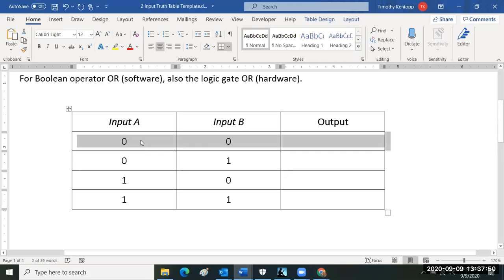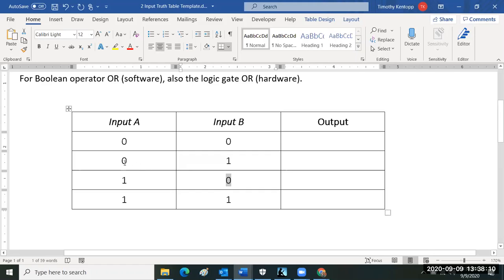So we have a case where input A could be 0, input B could be 0, or a case where input A could be 0 and input B could be 1, or a case where input A could be 1, turned on, the wire could be lit, current could be flowing, or input B, the copper wire in the hardware logic gate, is turned off.